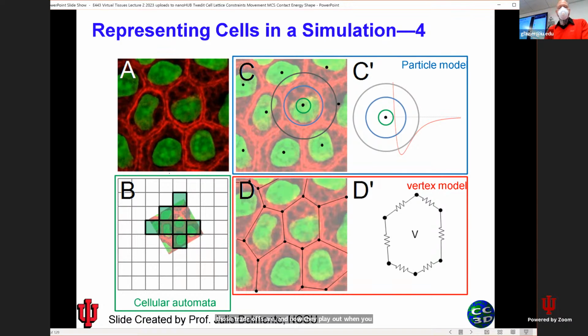Another way to model things, especially if you're modeling sheets of cells, are what are called vertex models, where instead of modeling the cell as an agent, you model actually the corners around the edge of the cell as agents, and you connect them with little springs.